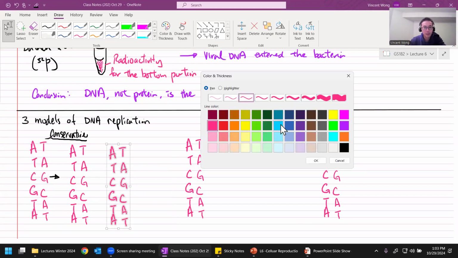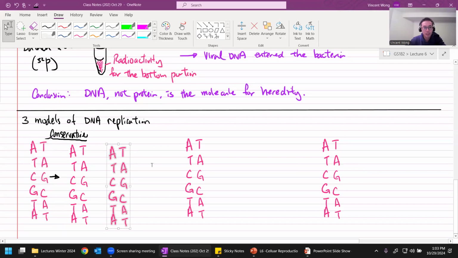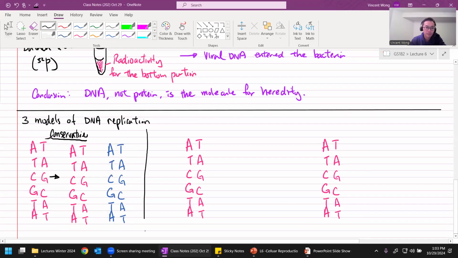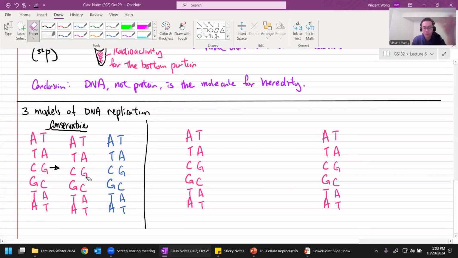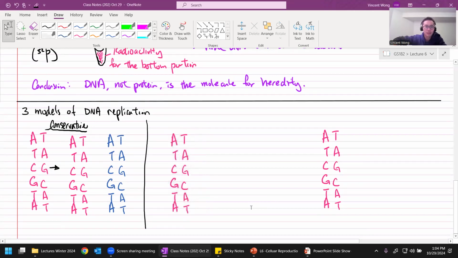And then the new stuff, I use blue to represent it. That's conservative. Understand? You literally just copy the whole thing. So you would have original material in one DNA molecule and then new material in another. Okay, so that's conservative. Let's take a look at semi-conservative.